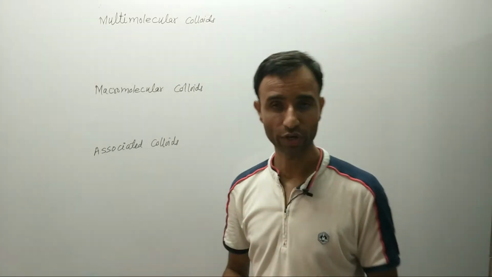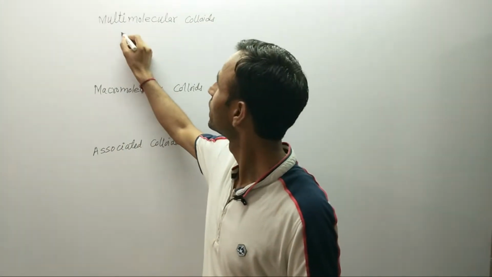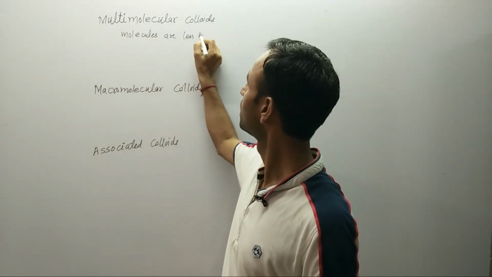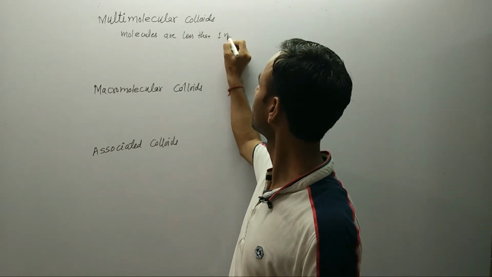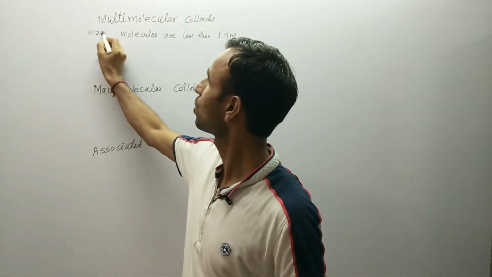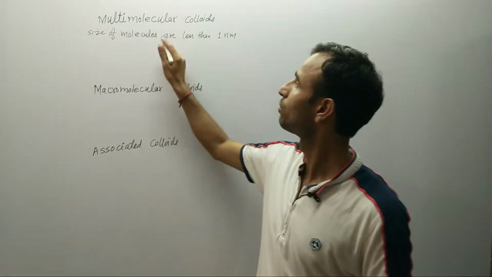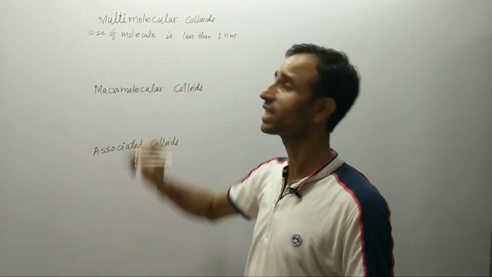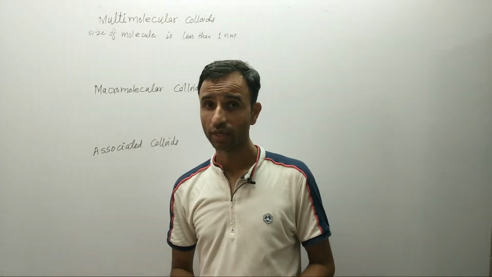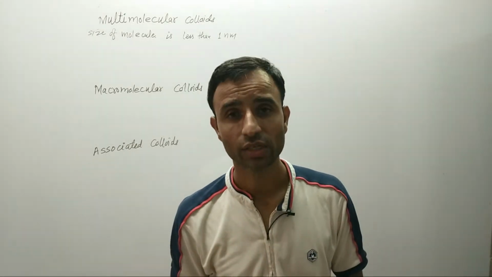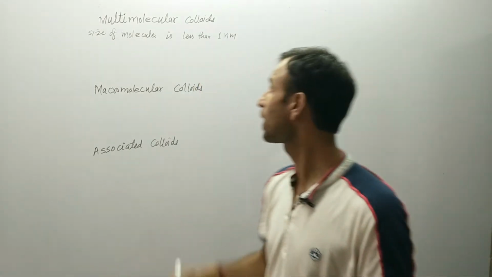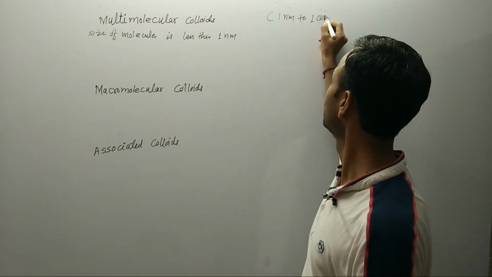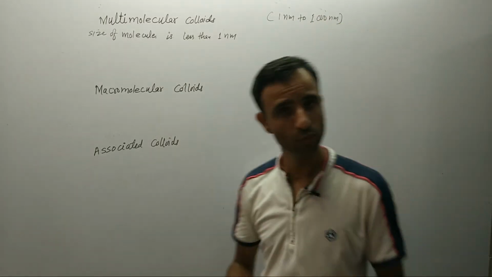First, multimolecular, as the name suggests. Its molecules are less than 1 nanometer, meaning the size of the molecule is less than 1 nanometer. That means that particle cannot behave as a colloidal particle, because colloidal particle size must be in between 1 nanometer and 1000 nanometer.